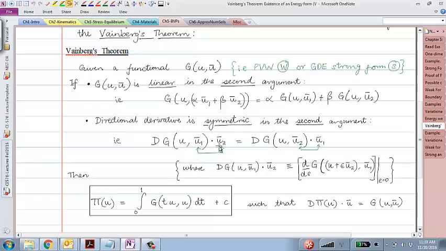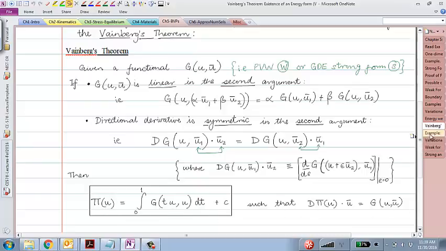If that's true, then the energy functional corresponding to a virtual work functional would be given by the integral of G of tu, where t is just some parameter and u is the real displacement function, integrated with respect to t. t is not necessarily time; it's just some parameter. And from the definition of G, you will be able to get pi.